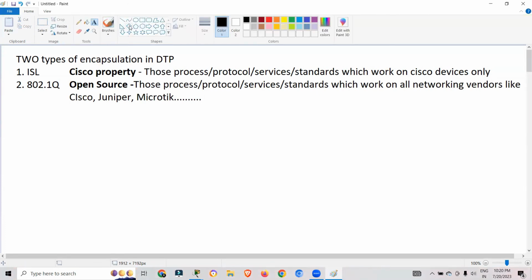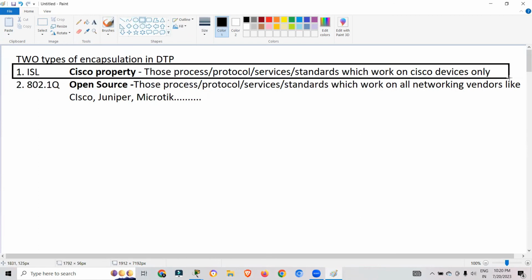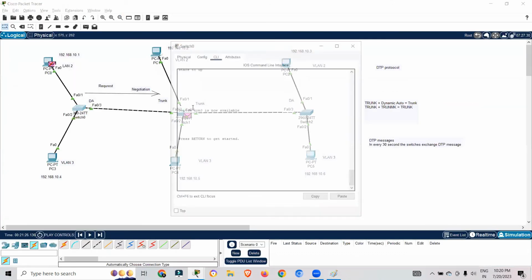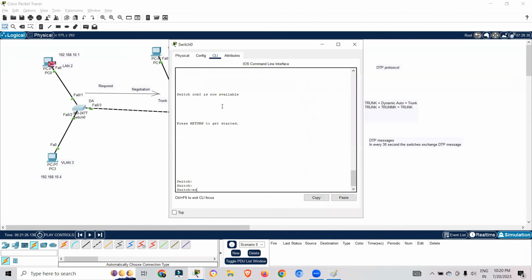So ISL encapsulation is the Cisco property, and 802.1Q is an open standard. Show interface FA0/3 switchport.